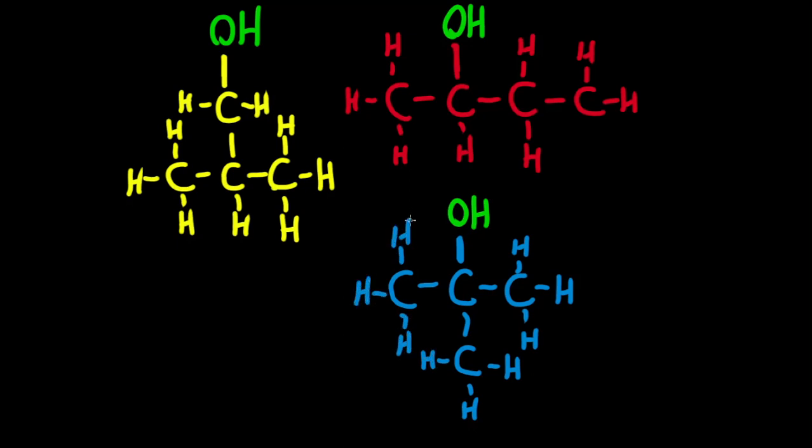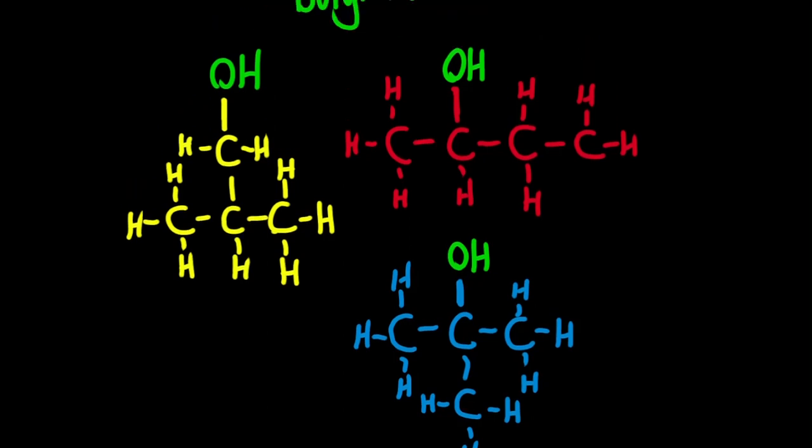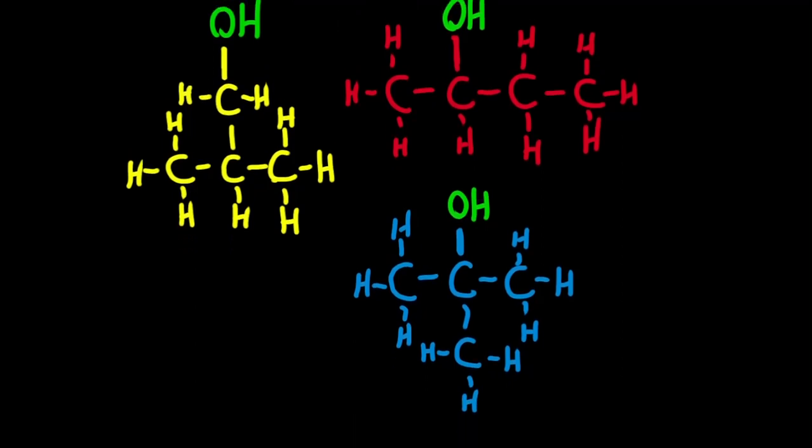So notice that all of these hydrocarbon backbones have only 4 carbons, hence them being referred to as butyl isomers. They have the same number of carbons, same number of hydrogens. Oops, I forgot one over here. Same number of hydrogens, same number of oxygens. Each one has an oxygen atom in it. So these are isomers, and in particular, because they have 4 carbons, they're butyl isomers.